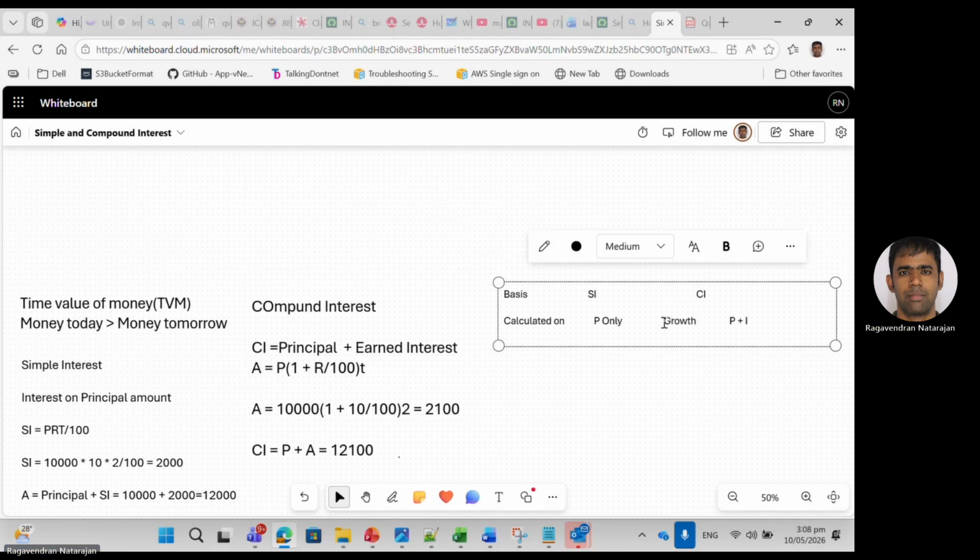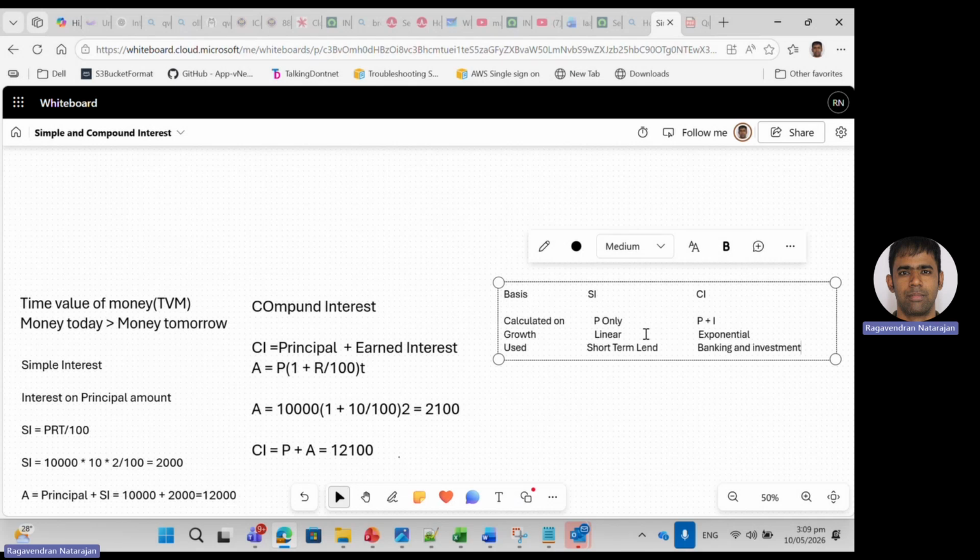Growth: linear versus exponential. Used in: short-term lending for simple interest, banking and investment for compound interest.